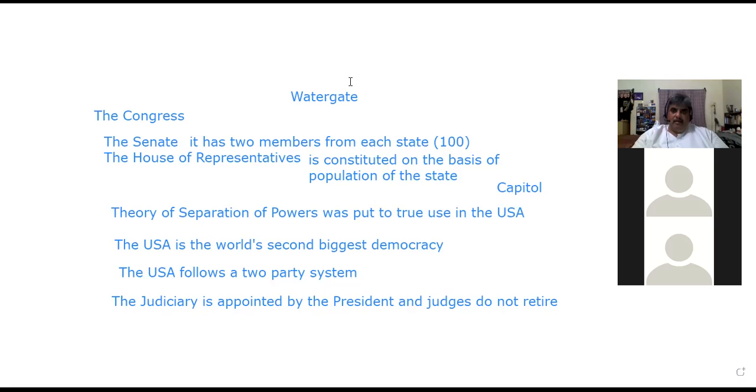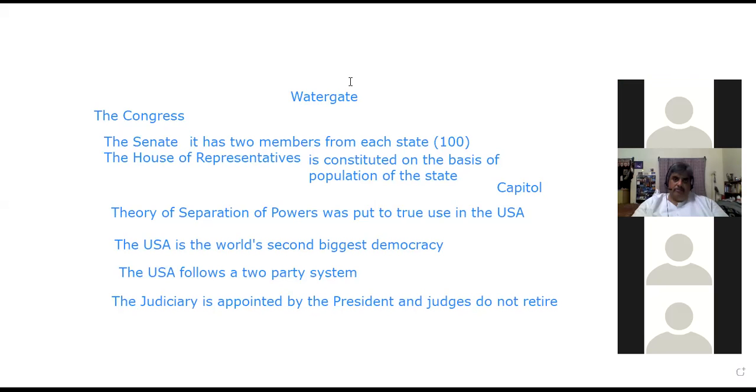And what happened? Yet again, the Electoral College voted for Donald Trump. They voted for Donald Trump, and he became the president.